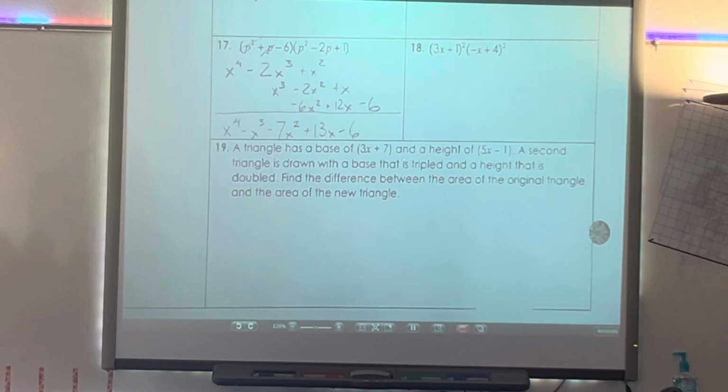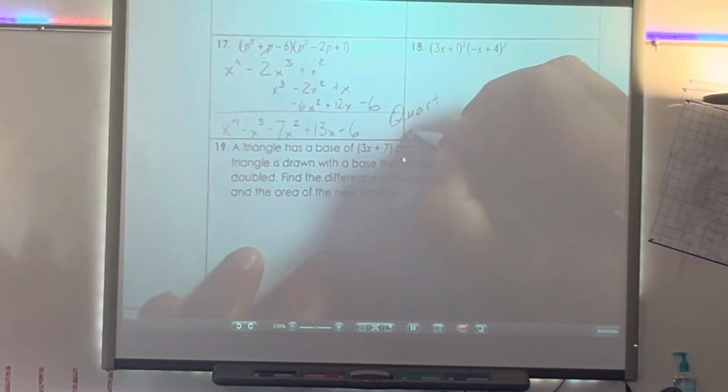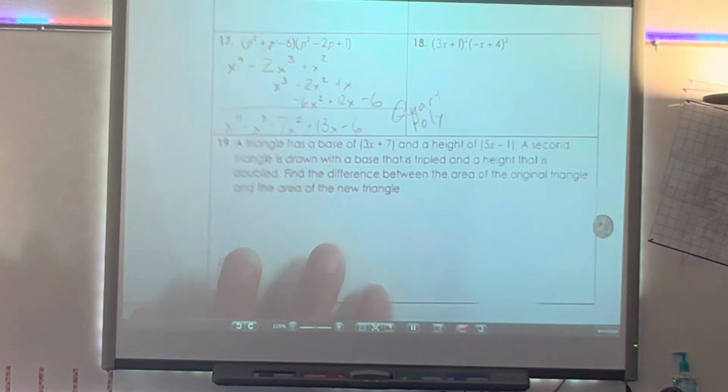It does ask us to classify that, so that would be a quartic polynomial.